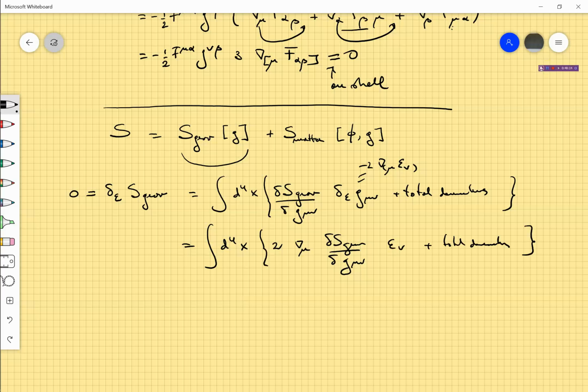Okay, now there are different ways of ensuring that these total derivatives cancel. One way is to really perform the integral and impose some boundary conditions on the epsilons.